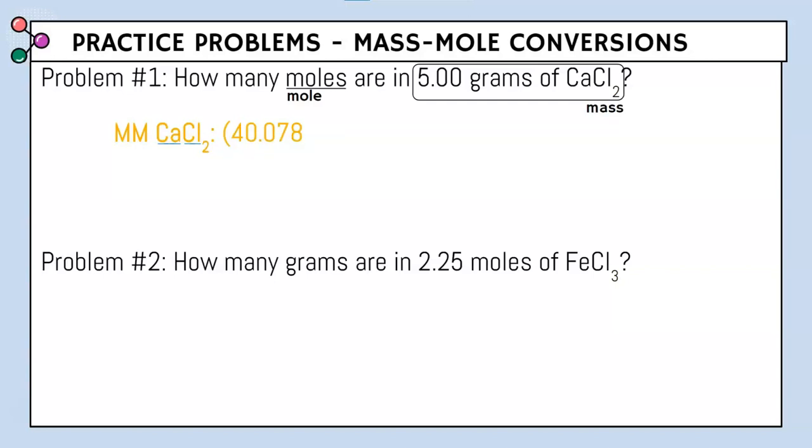Looking at the compound, there is no number after Ca, so we know that's 1. Therefore, we have 1 Ca, so we multiply this number by 1. Our next element is Cl. Cl's atomic mass on the periodic table is 35.453, and we have a 2 after Cl, so we multiply this number by 2. Plugging this all into the calculator, we get 110.984 grams/mole.